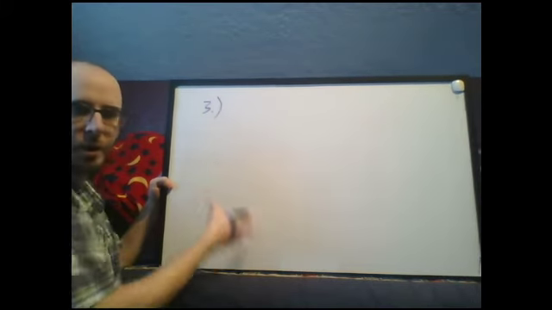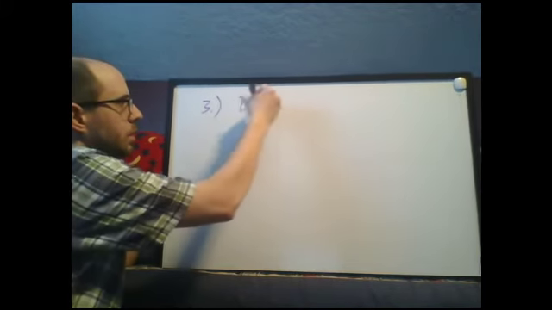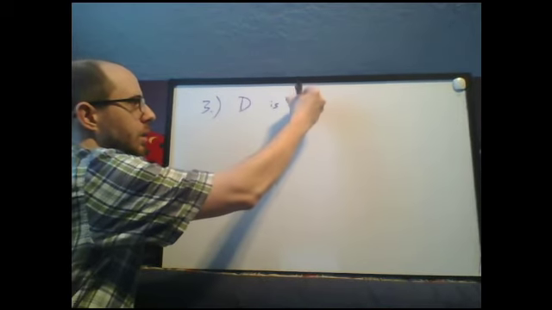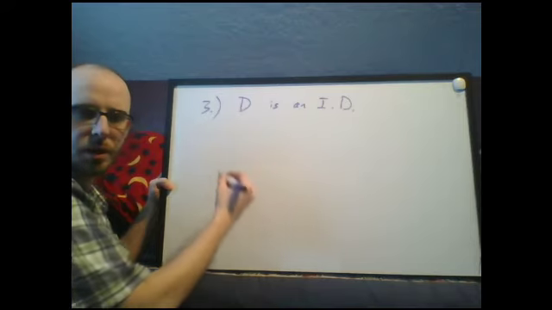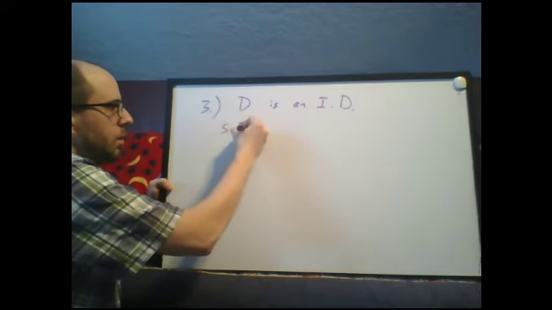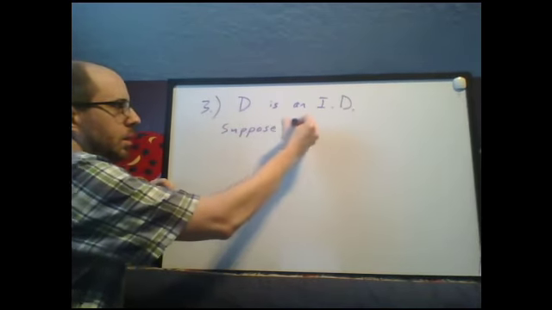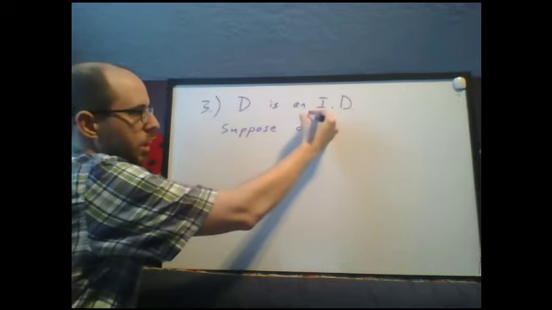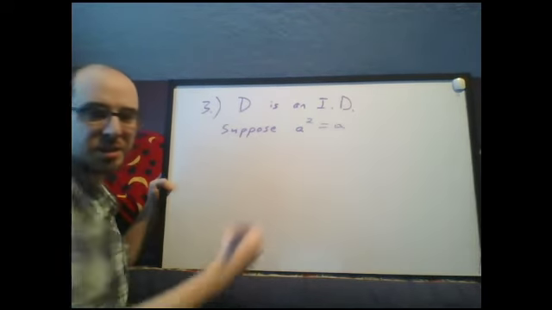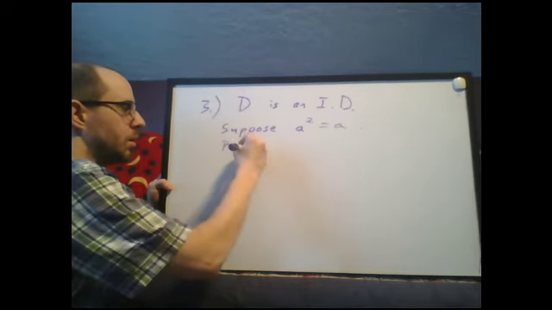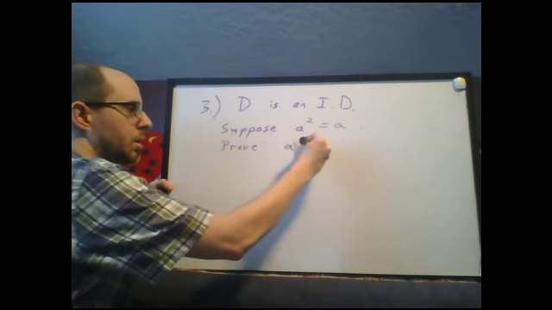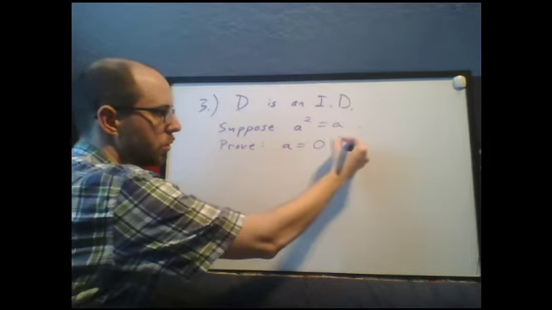Finally, number 3, we have a proof. D is an integral domain. Suppose a squared equals a for some a in D. We want to prove a equals 0 or a equals 1.